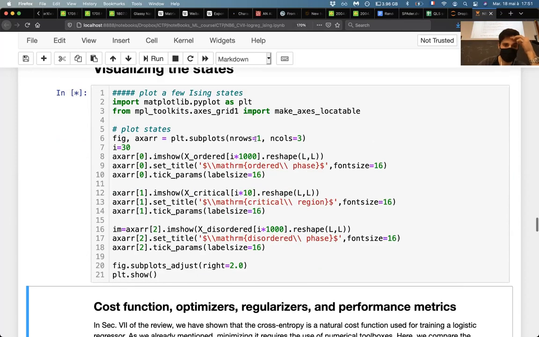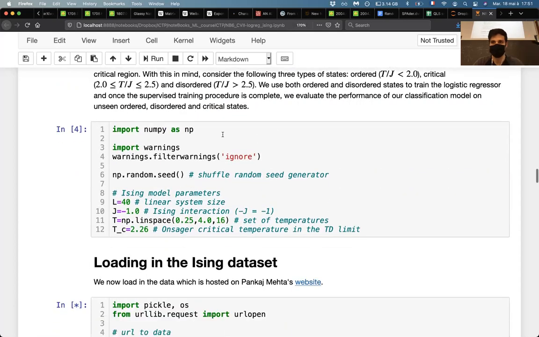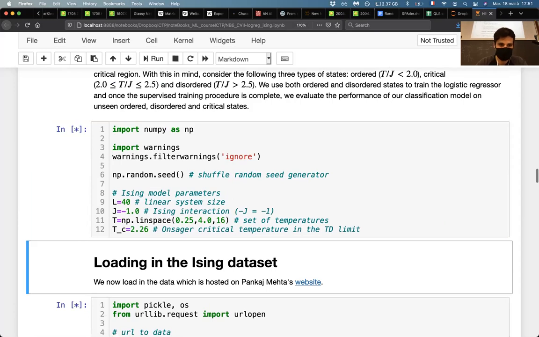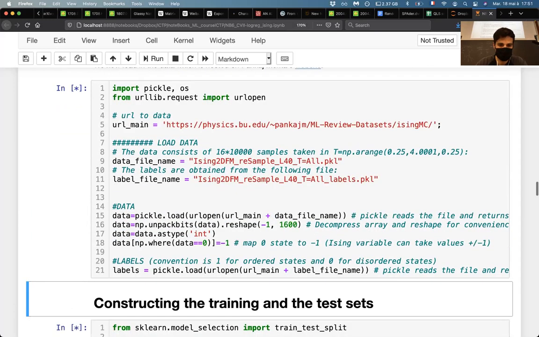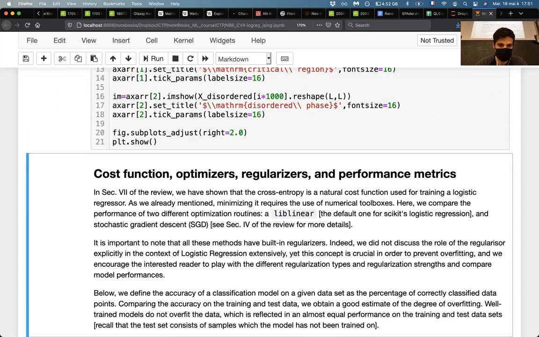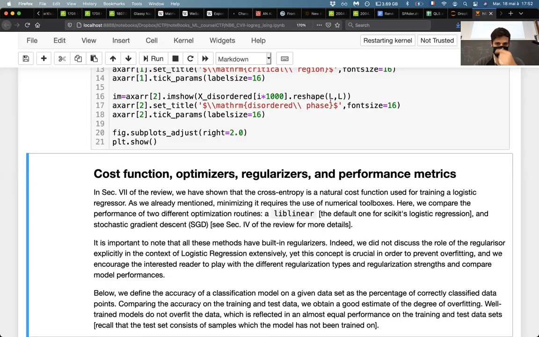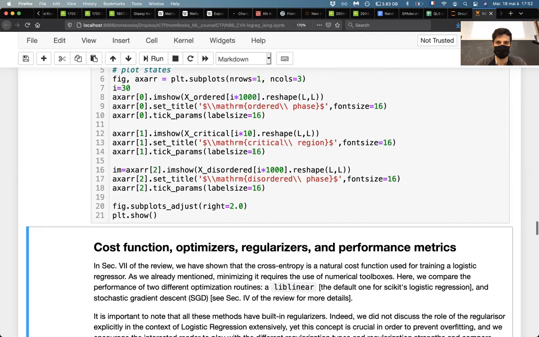So let me see, it should plot now. What's happening? Sometimes the notebooks bug like this.